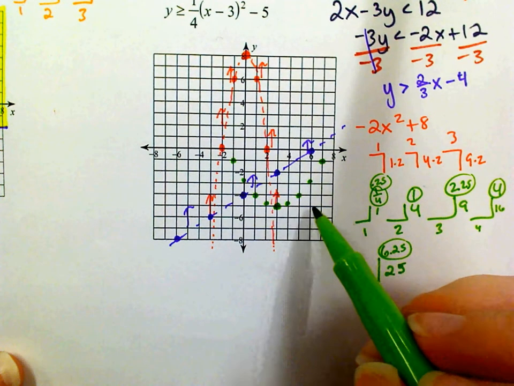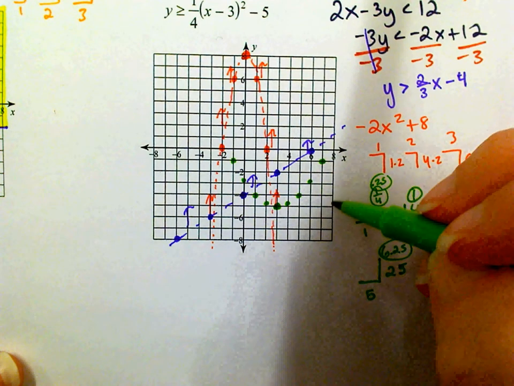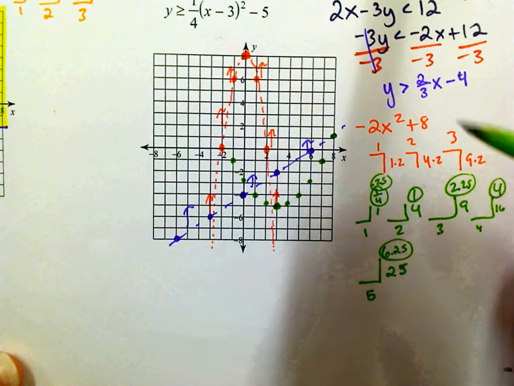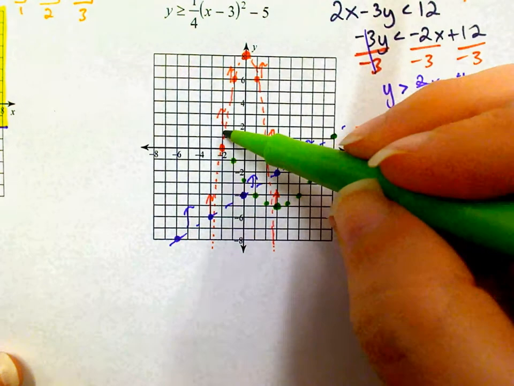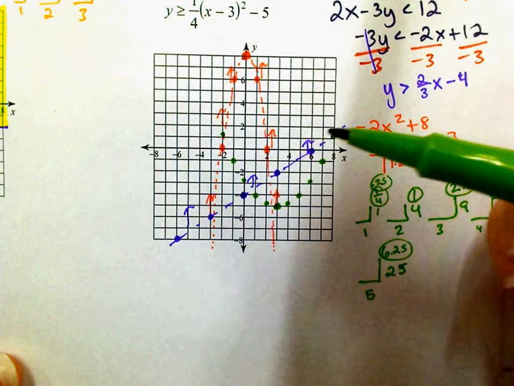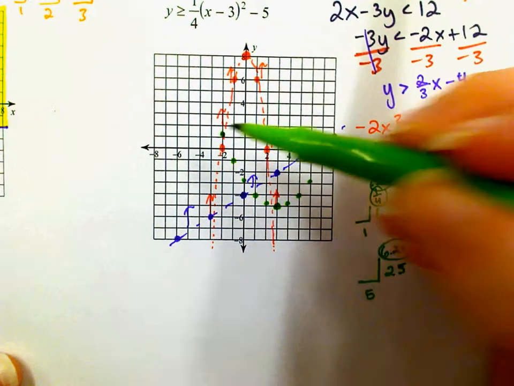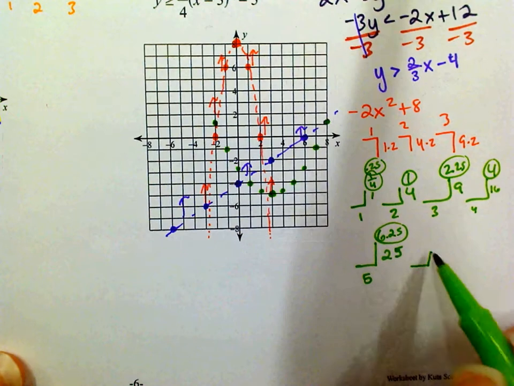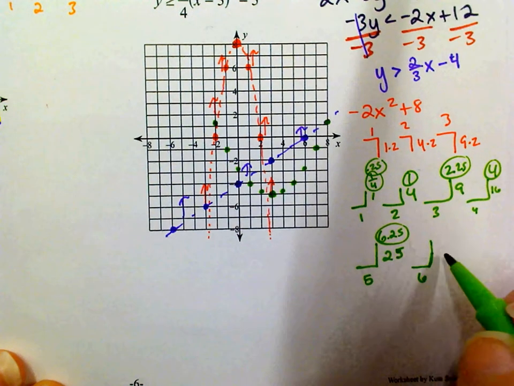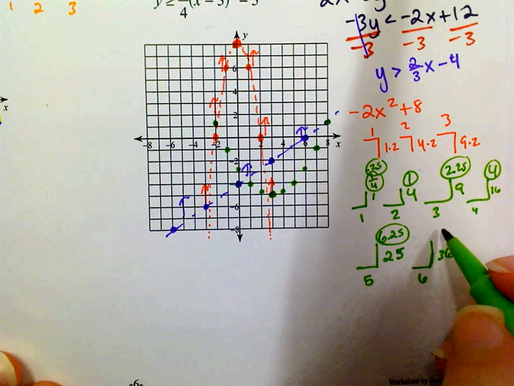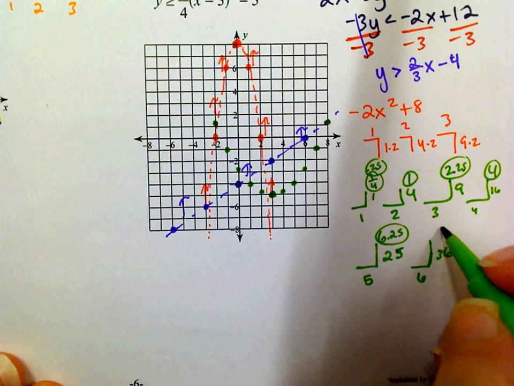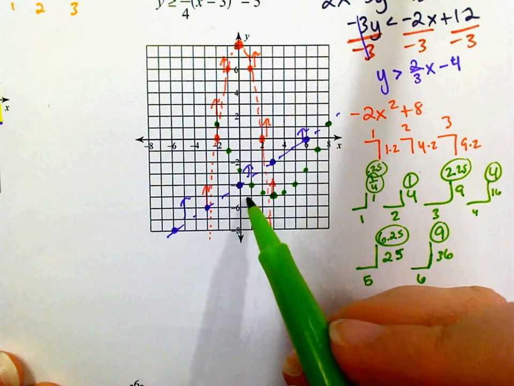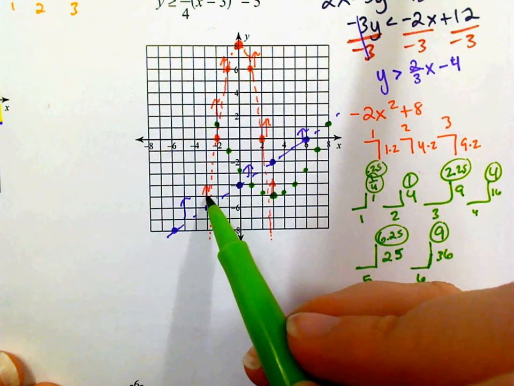I think I'm going to need to keep going so I can see what's going on. Right 6 and up 36, and a fourth of 36 is 9. So right 6 and up 9, which is +4 from -5.